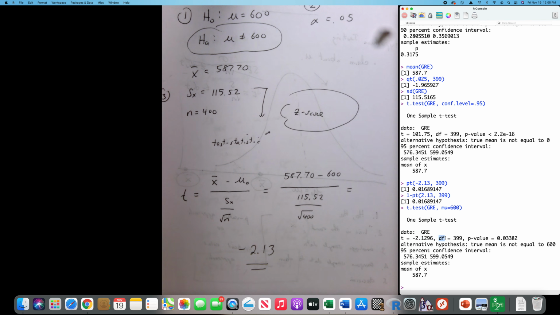My degrees of freedom, the underlying sampling distribution from which we're drawing our sample, is degrees of freedom 399, n minus 1. And our p-value is 0.032, which is very close to what we got, 0.034, my bad. So it's exactly what we had before.